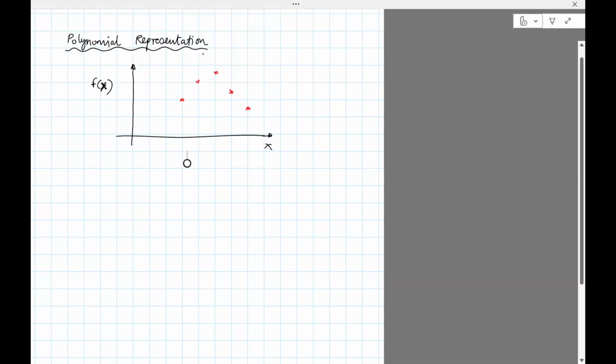You're given the values of f at those 5 points I drew there, and you're told to compute the derivative at, I don't know, maybe say over here. Compute f prime x.